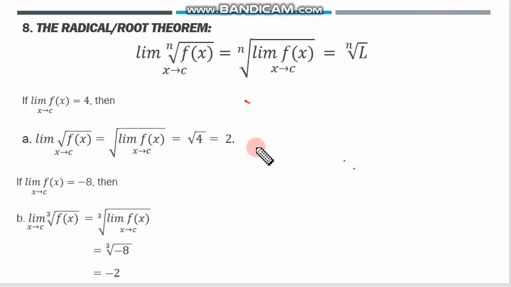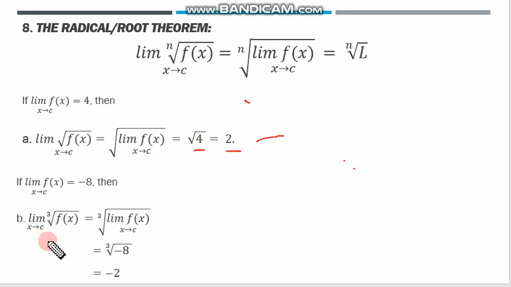Okay, so the limit of f of x as x approaches c is equal to 4. So the square root of 4 is equal to 2. Next, the limit of f of x as x approaches c is negative 8.